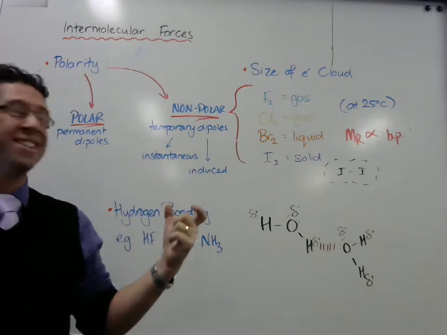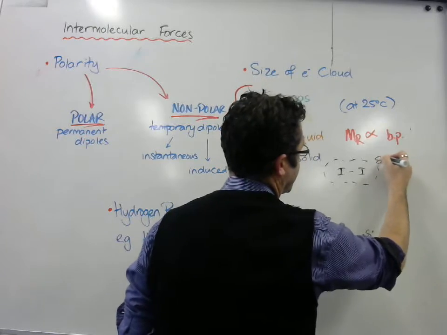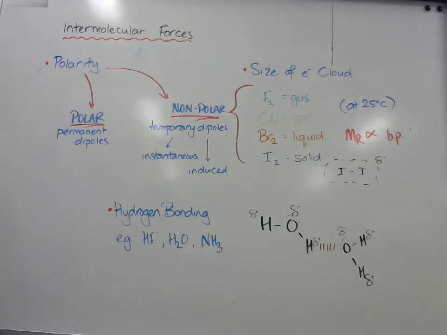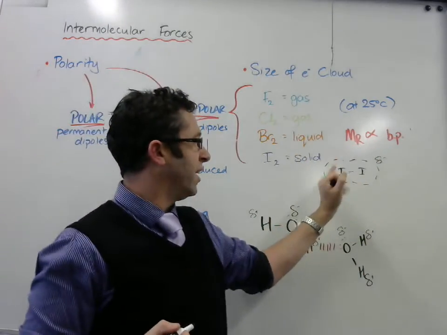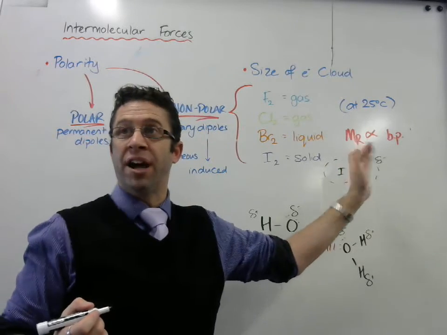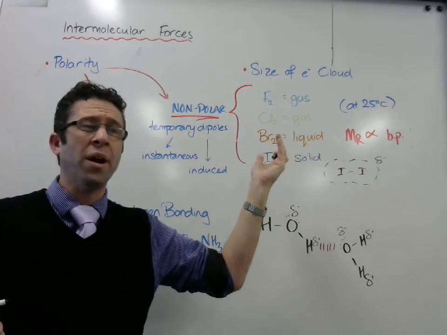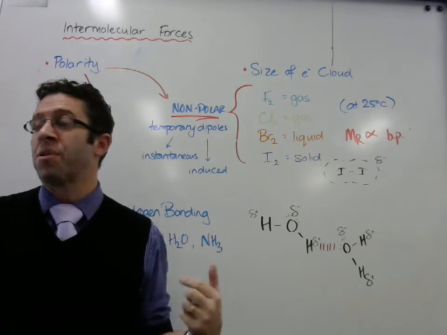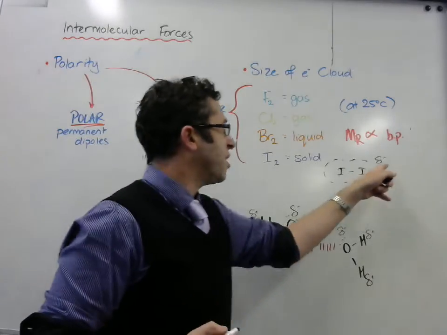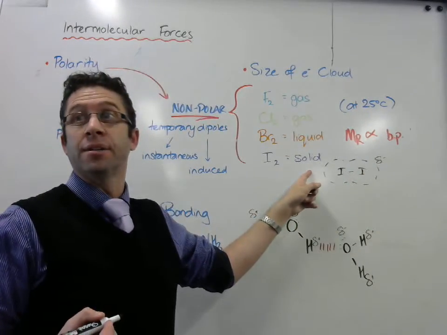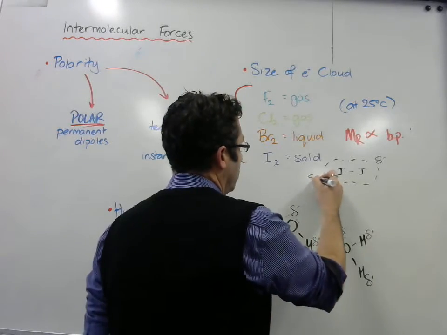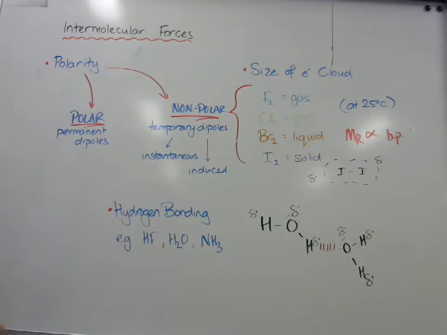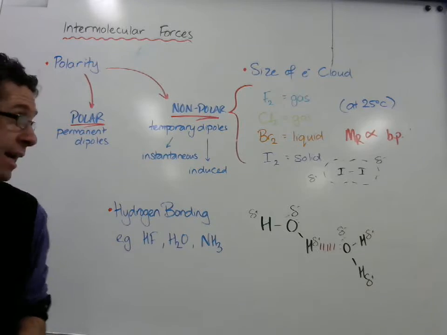At any instant, this side might be delta minus because one of the electrons is a little bit closer to that iodine than to this one. Just one of them. With that many electrons, the probability is quite high. If this side is delta minus, this side must be delta plus. You must have a dipole being created, even though it's a molecule with no charge.